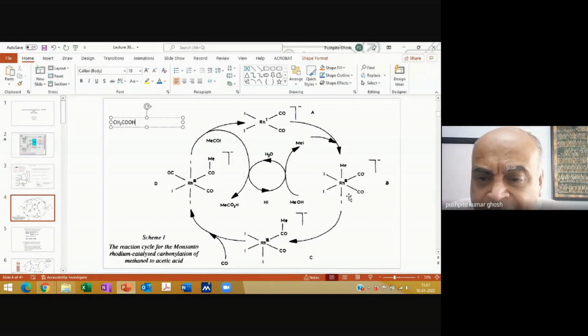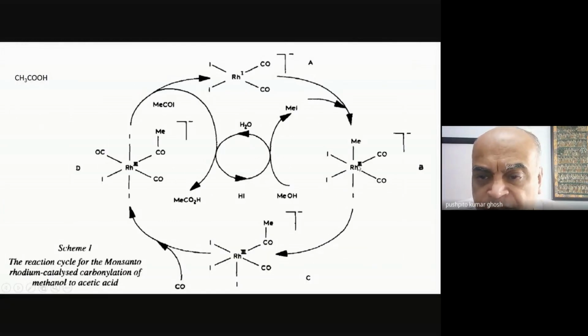When they add like this, it is known as oxidative addition, and there will be a net +2 change in the oxidation state. So it's going from rhodium 1 to rhodium 3. Okay, this is 3. And you can also have the opposite. When from this, you could actually remove methyl iodide, for example, and then if it came out, then that would be called as reductive elimination. So these are the two very, very important terms.